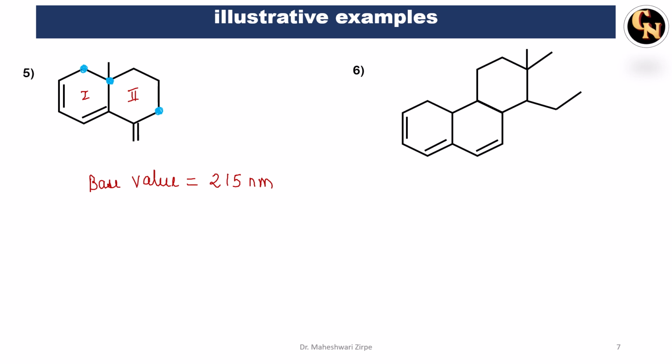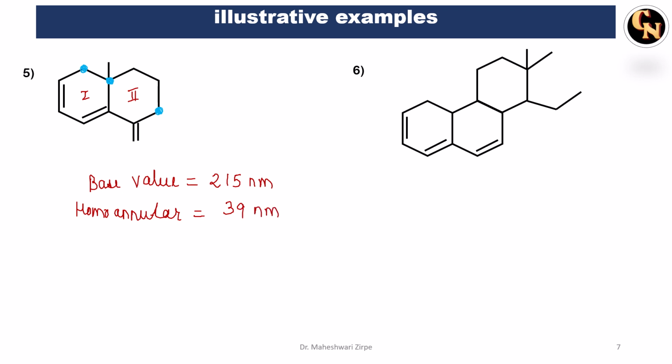There are 3 things we are going to write. One is homoannular, because there is a ring which is having 2 bonds in the same ring, that is ring number 1. Ring number 1 will be called homoannular. So for such a thing we add 39 nanometers. Then there is extended conjugation.